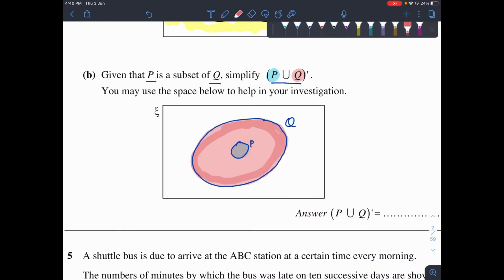Okay, so when they say prime, it means any area except for this selected area.